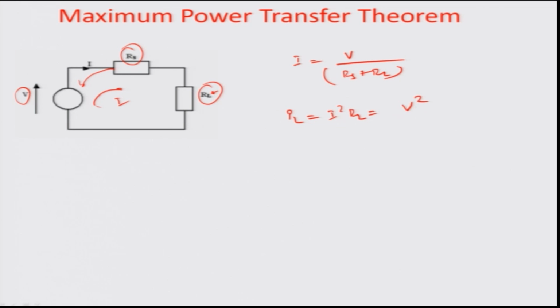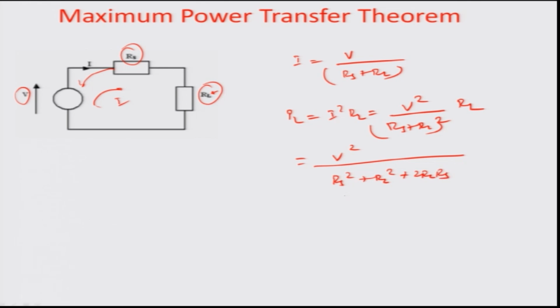So, you have square of V over (Rs plus RL) whole squared times RL. In other words, I can actually write this down further as V squared over (Rs squared plus RL squared plus twice RL Rs), times RL, and divide the whole thing by RL, which brings us to a condition, namely V squared by (Rs squared by RL plus RL plus twice Rs).